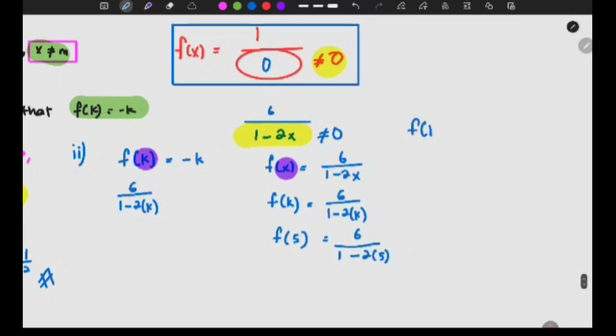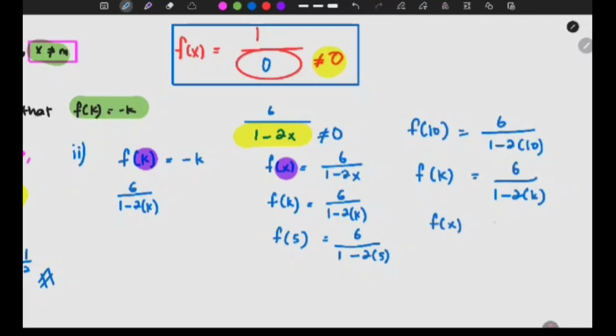I didn't change anything. If it's x, then I just write x. 6 over 1 minus 2x. Just follow what they give us. You don't have to create on your own. So from what they give, I change based on what they give me. And then I didn't do anything to the negative k, I maintain the negative k.